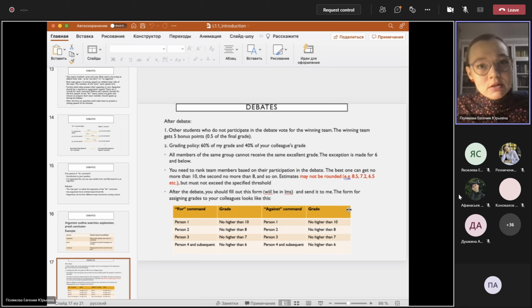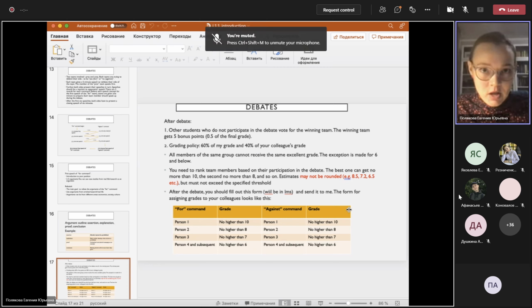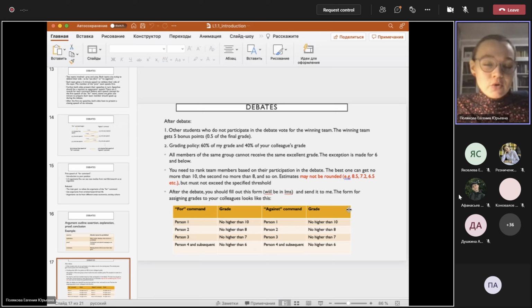But during the debate, you need to listen to what your colleagues said and vote for the team that was more precise in their arguments, who can really deal with the arguments of their opposite team. So you vote not for the position, you vote for the team that was more solid in defending their position. Okay, then the winning team gets 5 bonus points. You can see the grading policy for the debate.